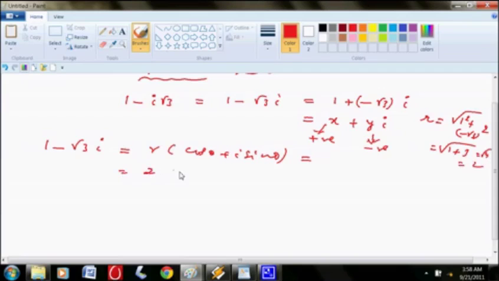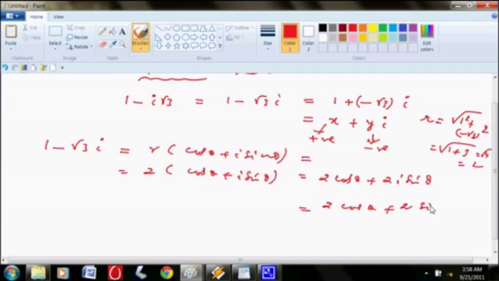So this is 2 into cos theta plus i sin theta, which is 2 cos theta plus 2 i sin theta, which is 2 cos theta plus 2 sin theta i. Now this is your 1 minus root 3i.